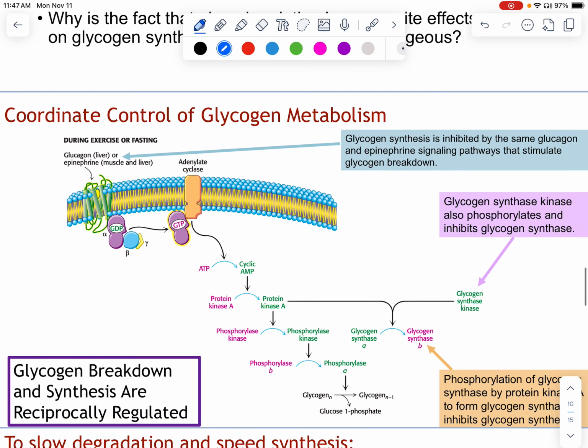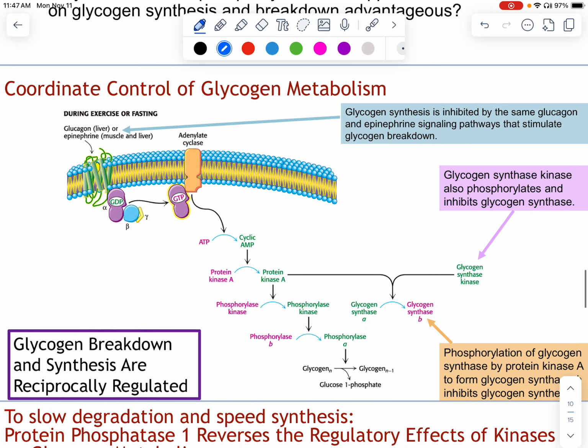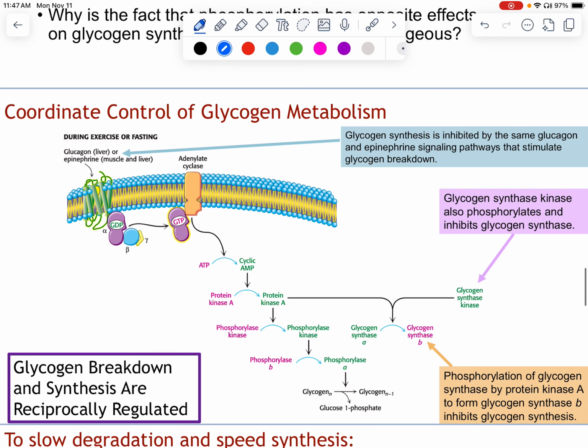So let's take a look. There's a lot of stuff on here, but we're going to look at it step by step. So coordinate control of glycogen metabolism. We've looked at this picture several times, right? Here's our glucagon or epinephrine binding and setting off our cascade. This protein opens up, the GTP floats out, GTP floats in, which causes this to break. It comes over here.